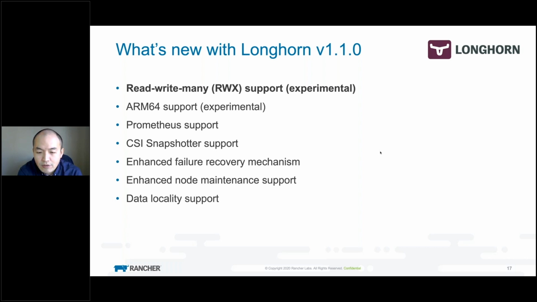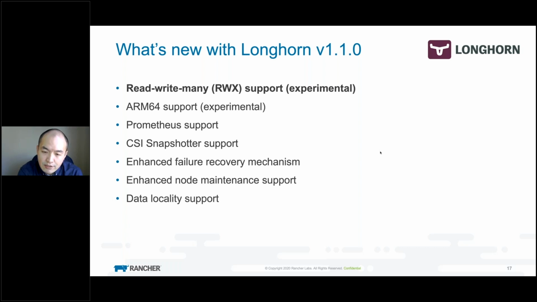Finally, we have added data locality support for users with an unstable network. As you know, Longhorn mostly has more than one replica to achieve high availability for your content and make sure that if one node goes down, it's not going to affect your system. But there are cases where users have a very unstable network, like in some edge cases, and those network interruptions can in fact interrupt Longhorn's service to the volume.